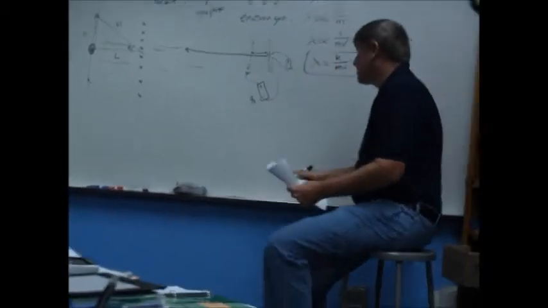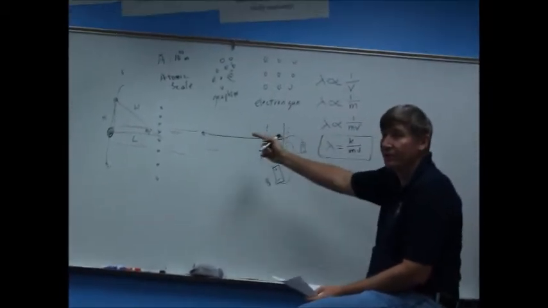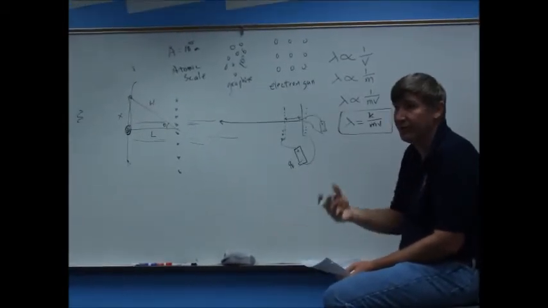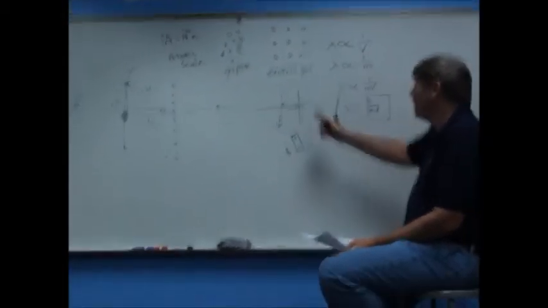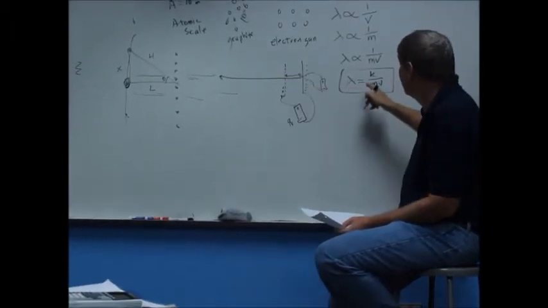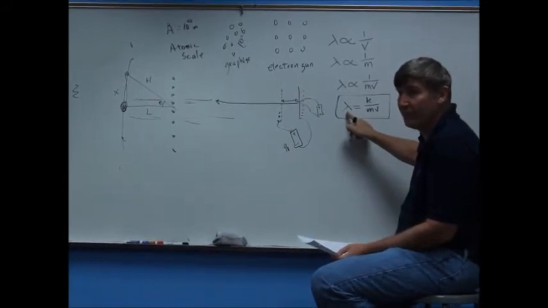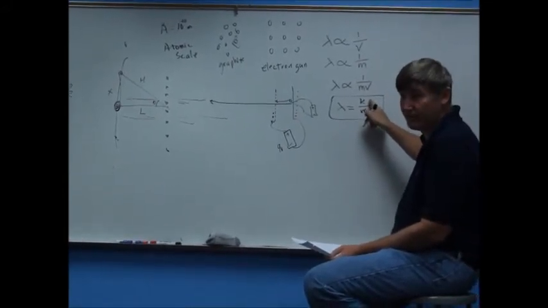Let's say that we use a 9-volt battery. We're shooting electrons, so you know the mass of an electron and the charge of an electron. So you should be able to calculate the velocity of that electron. If I tell you what the wavelength was, you should be able to calculate the proportionality constant.